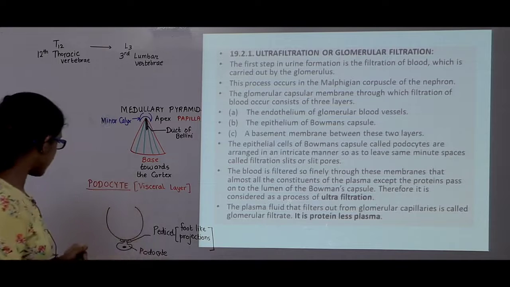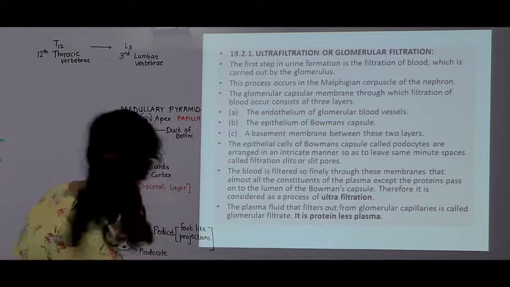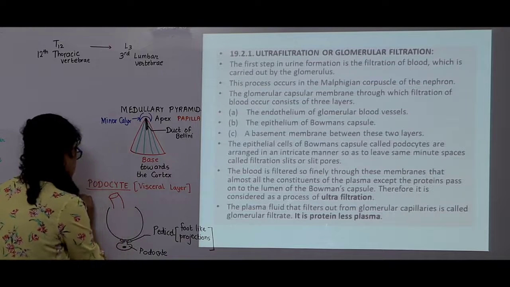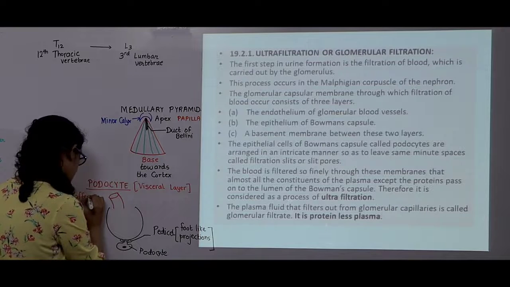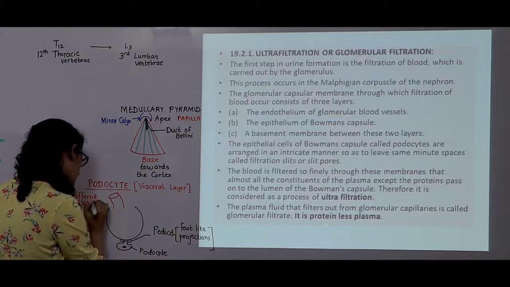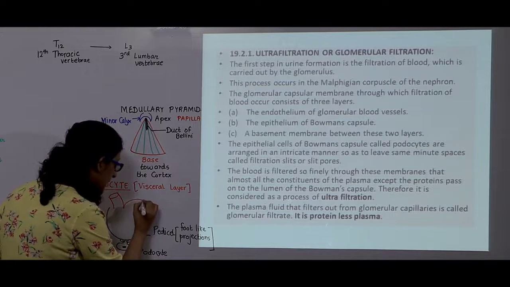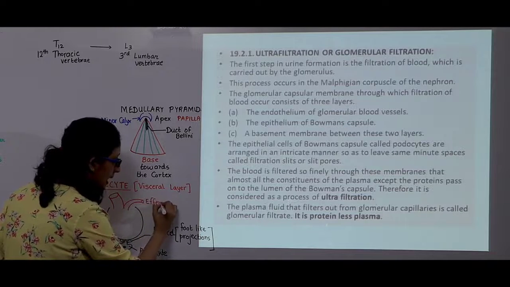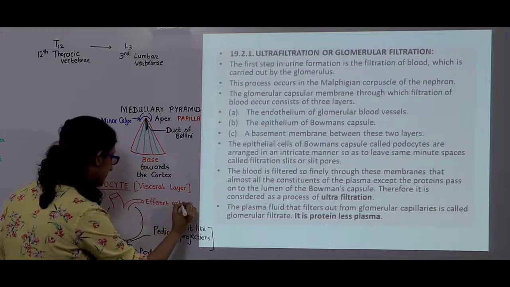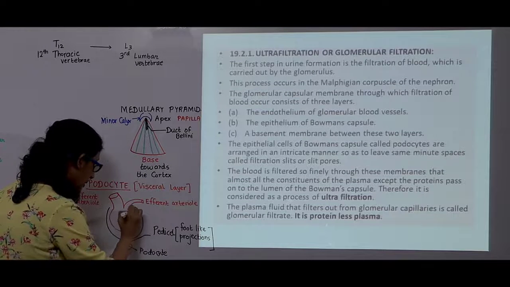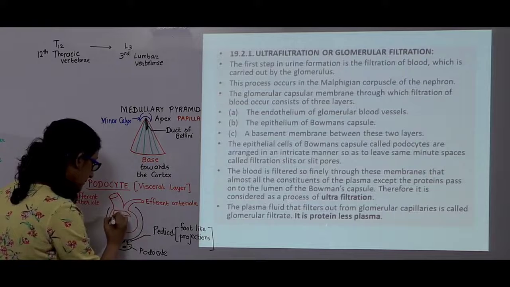So if you remember, the glomerulus, you have the larger diameter afferent arteriole, you have a smaller diameter efferent arteriole, and between that you have the glomerulus. This is the glomerulus.